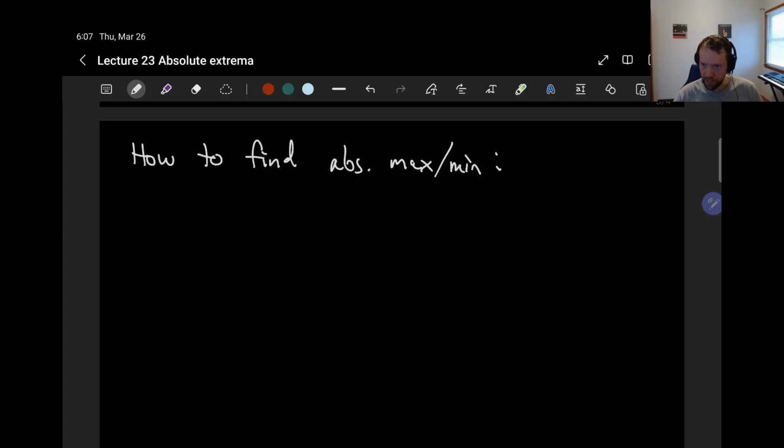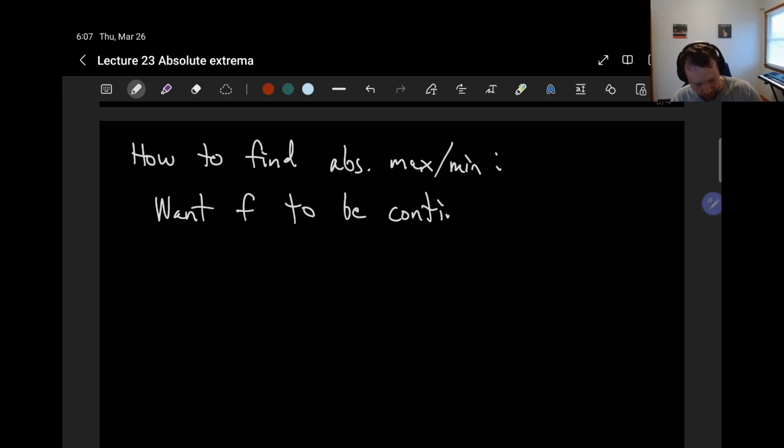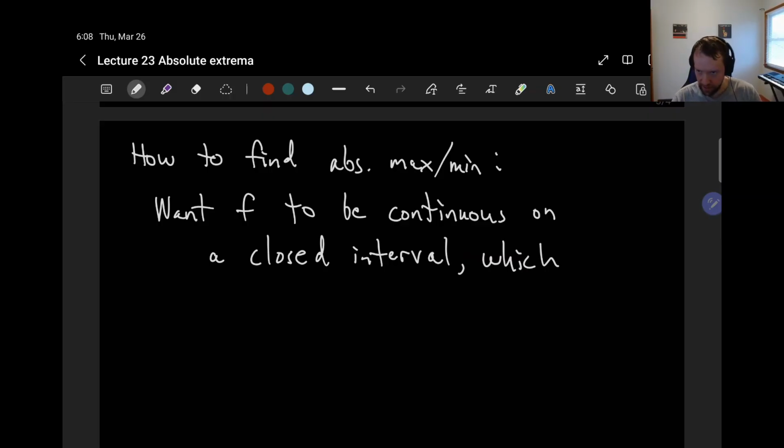So first off, you need the conditions for the extreme value theorem to hold because we want to use that theorem. So we want f to be continuous on a closed interval because that guarantees that these things exist in the first place, and we need that.